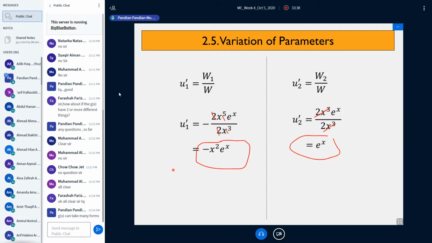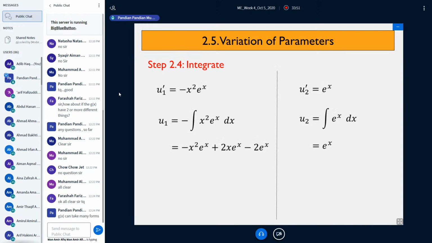Now if you want to find u1 and u2, you have to integrate this because this is du1/dx, du2/dx. So you must integrate. The integration of u1 is minus x squared e^x dx. This one you must use integration by parts.